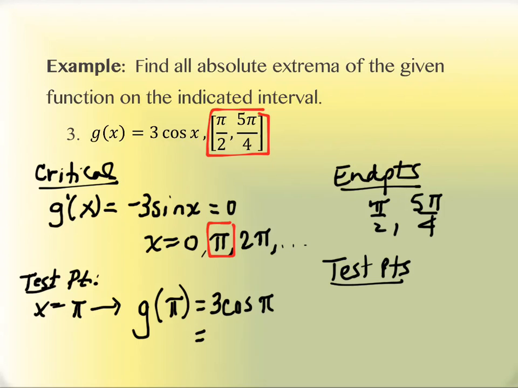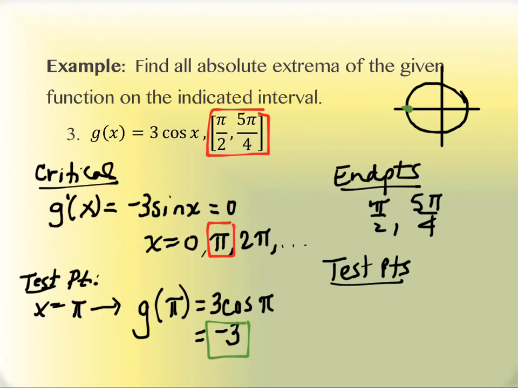Close. It's not 0. It's -3. Good job, Sam. What you want to remember with the unit circle is that we're over here when we're at pi, and cosine is the x value. The x value of that location is -1. So this is -3. This is one of my y values to consider.